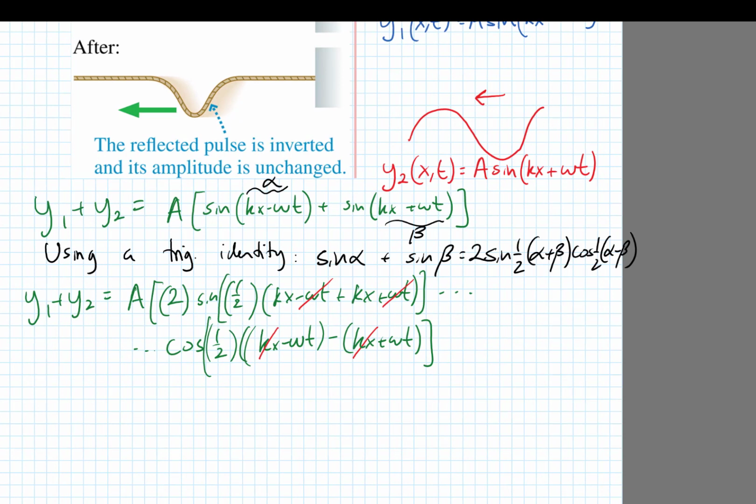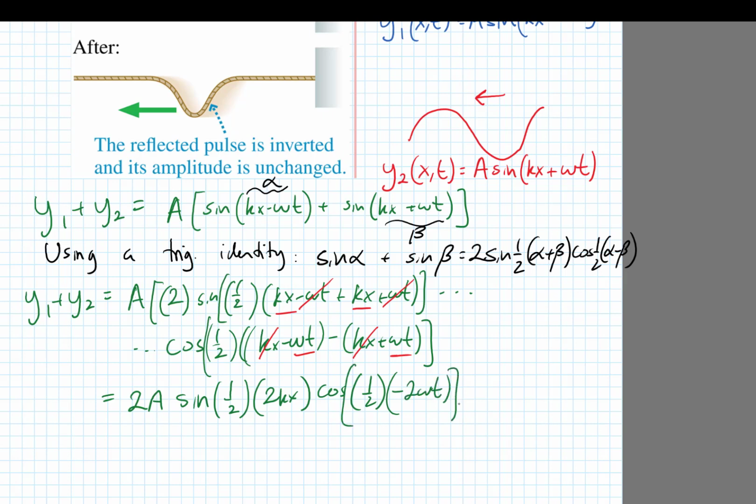And what we can see is the result simplifies a little bit to bring the 2 out, times amplitude, sine of 1/2, and the kx and kx add, minus omega t, give you negative 2 omega t, so we have times 2 kx, and times the cosine of 1/2 and of minus 2 omega t.